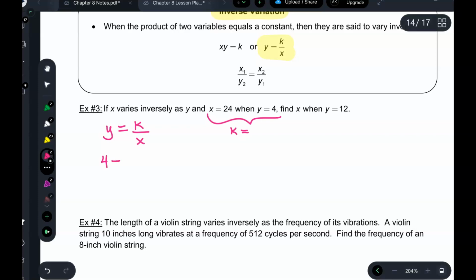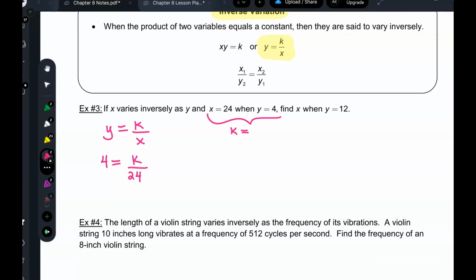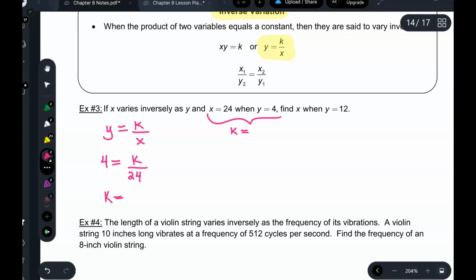So 4 equals k over 24. Multiply 24. So 24 times 4 is 96. 96 equals k. Right, so now we have our new equation, y equals 96 over x.